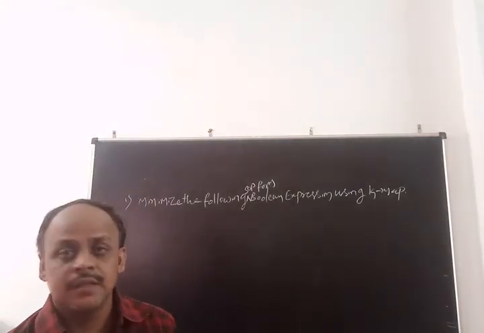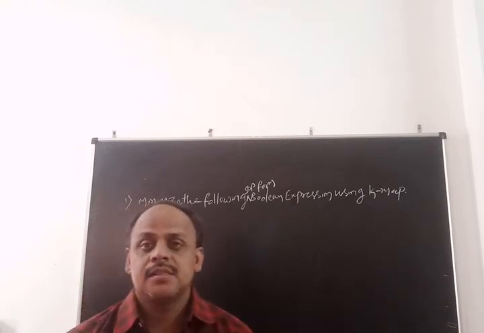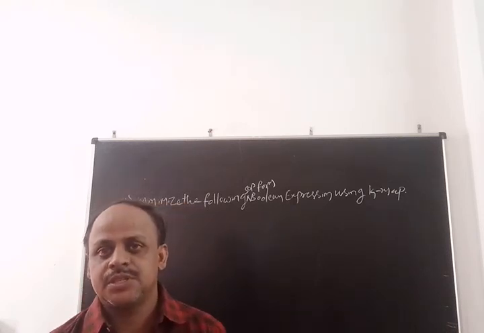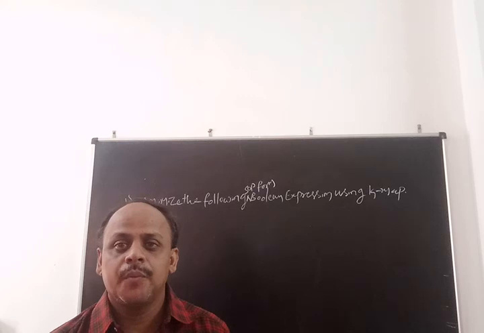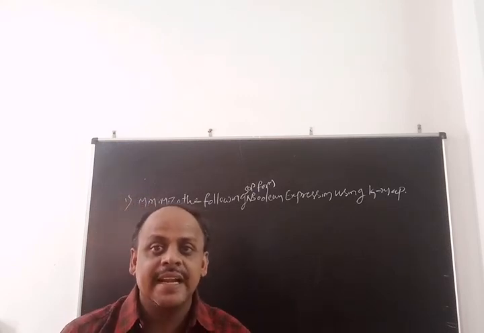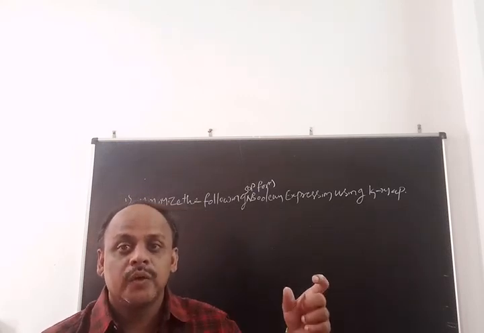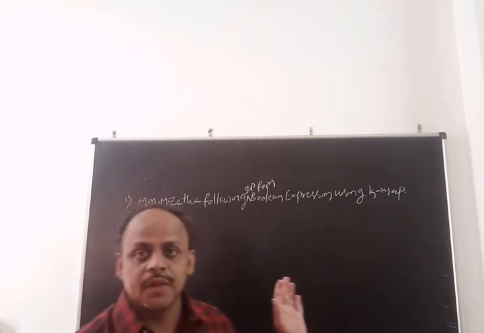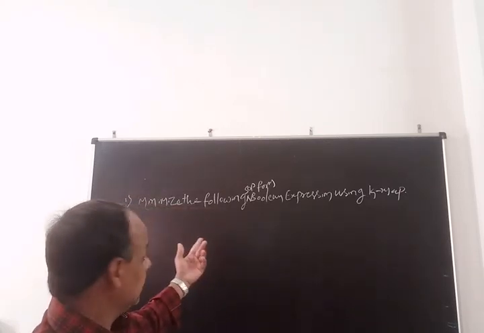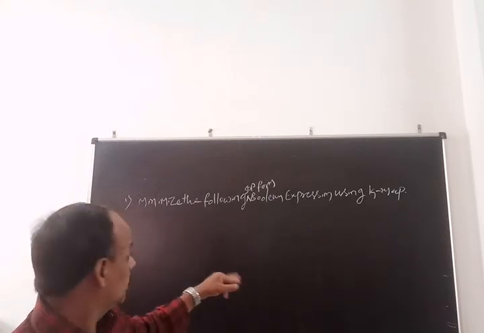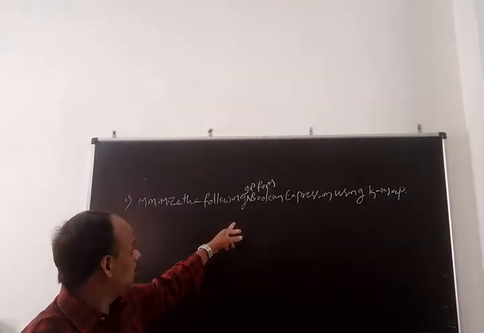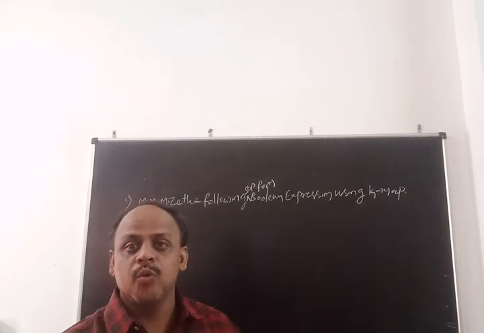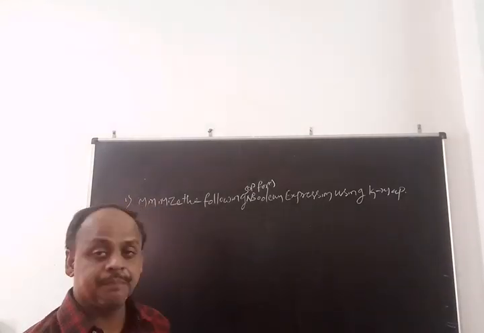SOP form means sum of product form expression. Sum of product form expression means the expression contains only min terms, right? For example, in the examination you may be asked: minimize the following POS form of Boolean expression using K-map.